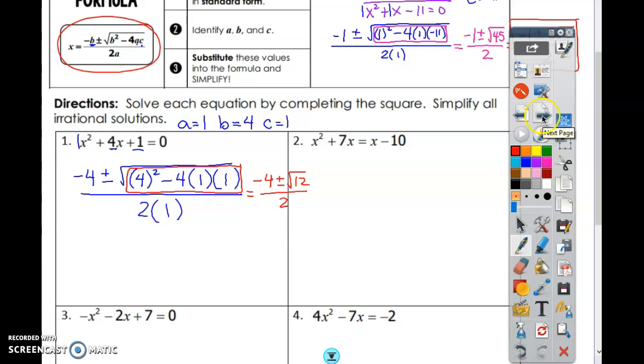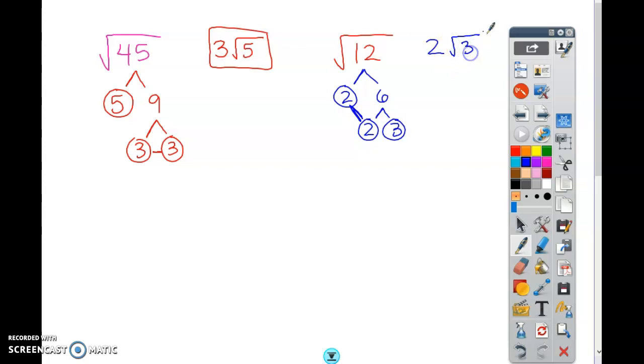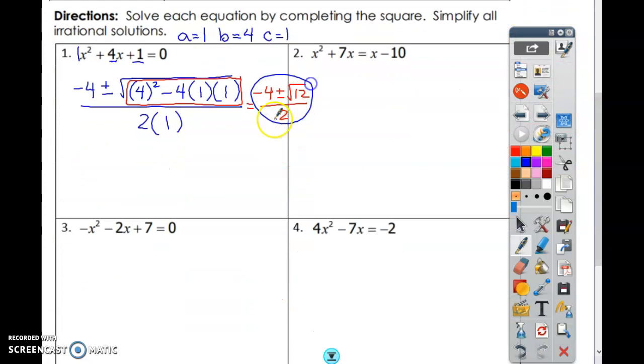So on the back sheet or at the bottom, we're going to do square root of 12. That's 2 times 6, and that's 2 times 3. So how many pairs do I have? 1 pair of 2. So this one's going to come outside, and this one's going to stay inside. Okay? Perfect? Good? So then, right here, all of this turns into negative 4. Let me change the color.